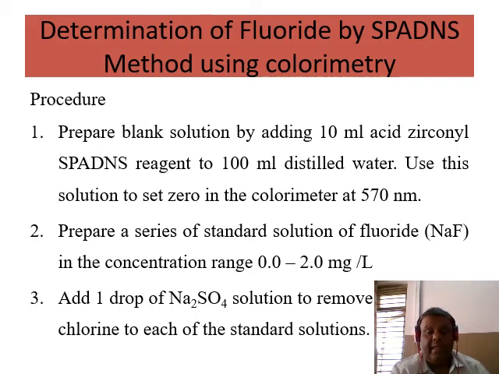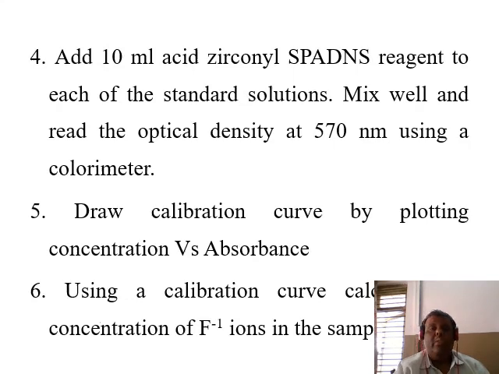Add a drop of sodium sulfate solution to remove chloride to each of the standard solutions. Then the next step is to take different volumes of fluoride containing water in different volumetric flasks.